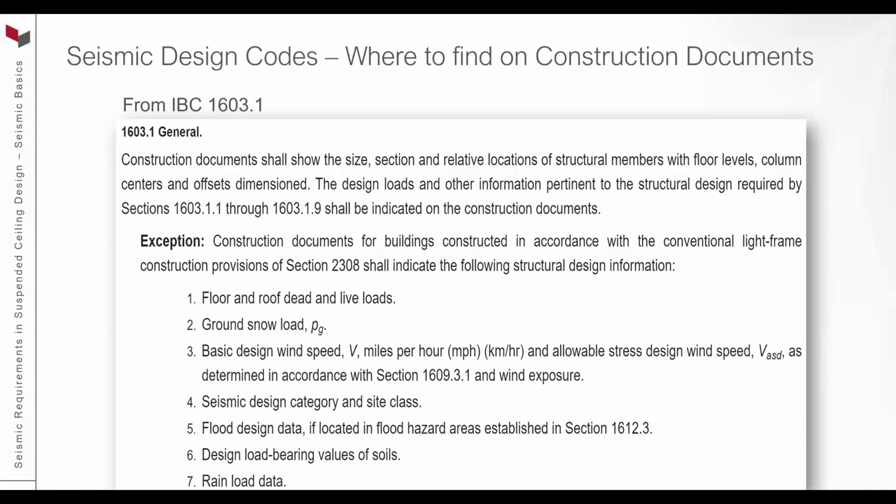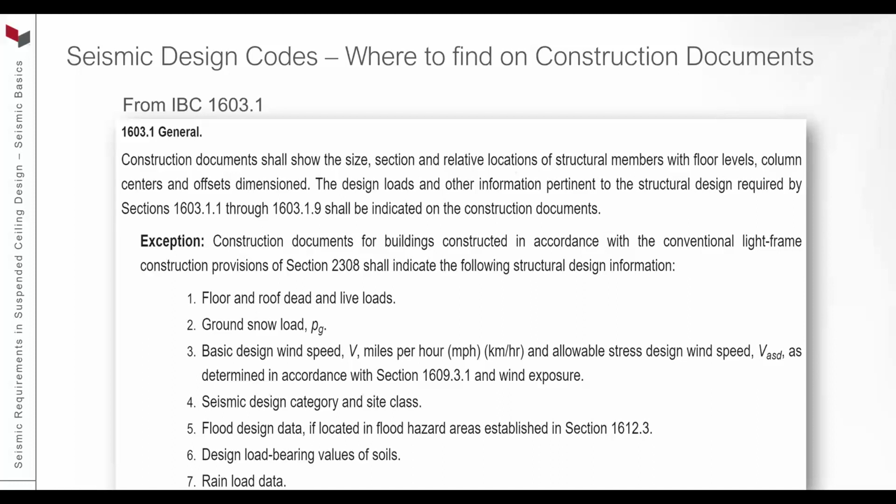So the IBC put together a requirement for all the architects and engineers, and this is where the requirement comes across from the IBC, because we are at the bottom end or at the end of the installation in ceilings. We're installing ceilings. We're hoping the building is installed and built to the design specifications for the area that it's being built in for seismic loads, wind loads, snow loads, and all those things.